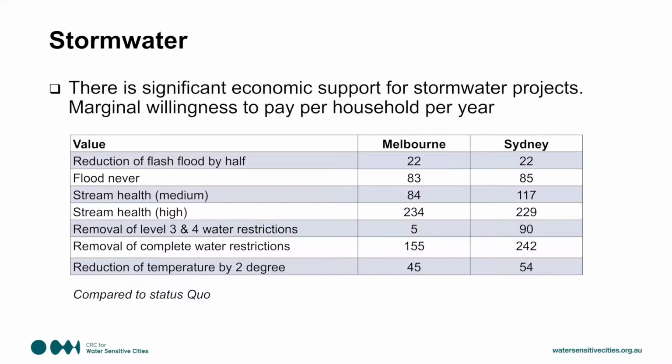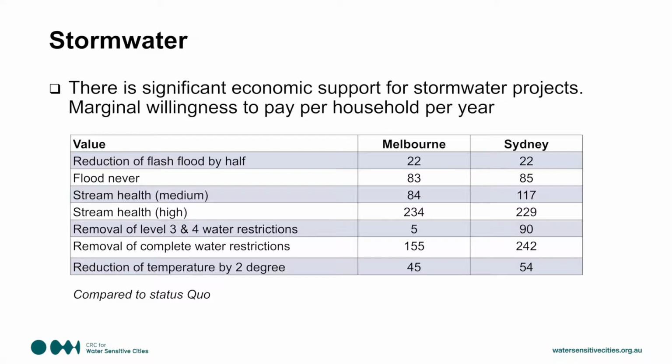What we found through our survey is that people have strong support for stormwater management projects which provide these benefits. The benefits were assessed in terms of flash flood reduction, as marginal willingness to pay per household per year, in dollars, for two cities, Melbourne and Sydney.